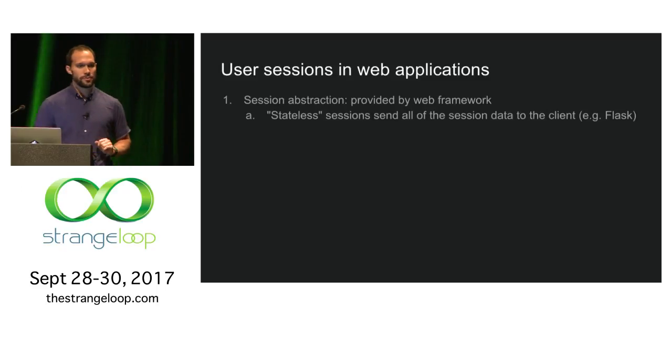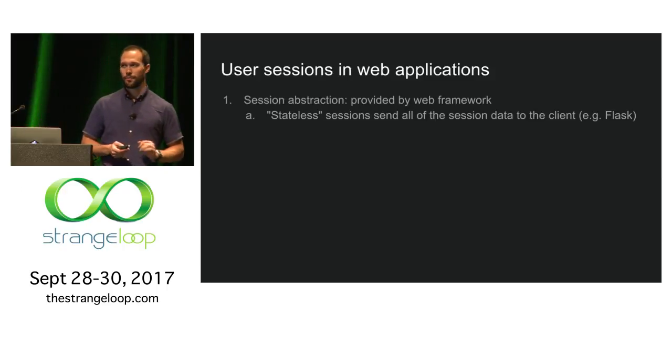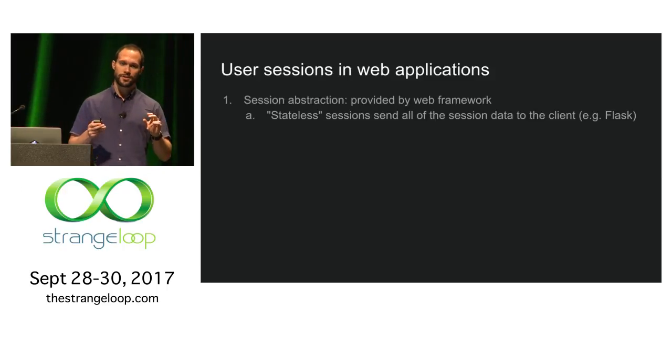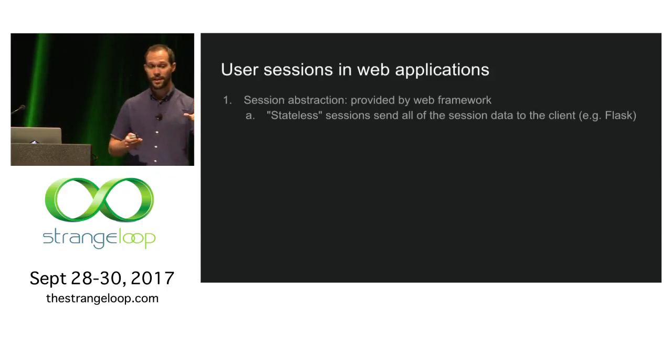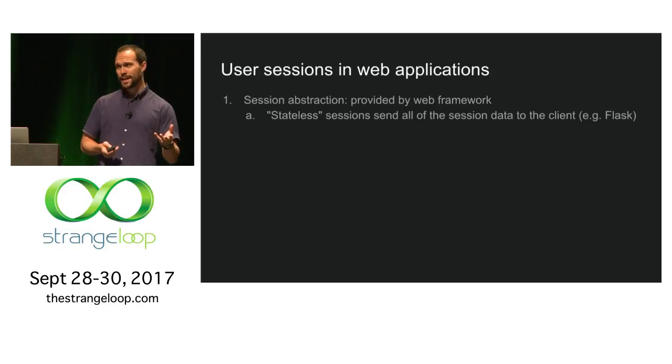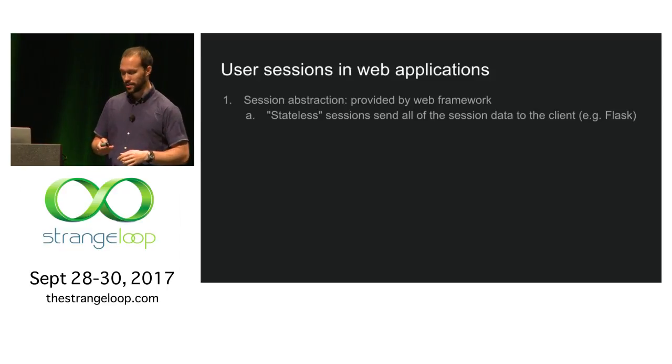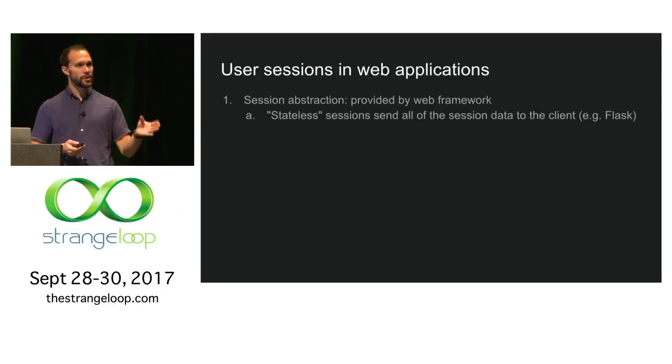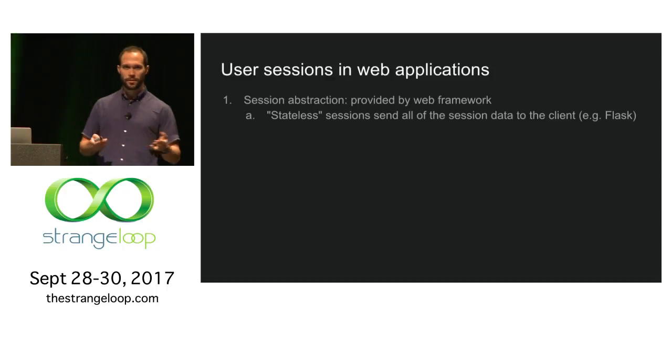So there are two broad common kinds of web sessions. There are these stateless sessions in which all the session data is sent to the client. In Python land, which is what I'm familiar with, the Flask micro framework does this by default. And if you guys are more into JavaScript and you're using JWTs, JSON Web Tokens, which are apparently all the rage, that's basically the exact same thing, but with some more structure and some more vulnerabilities.